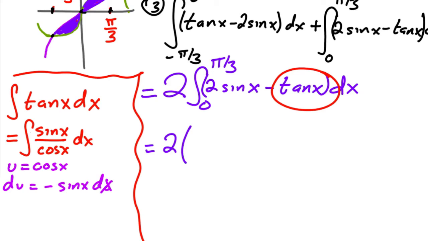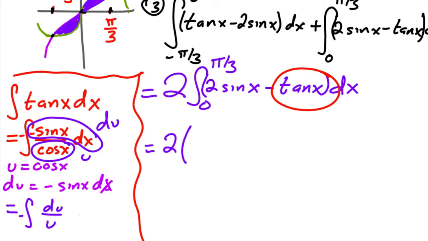And so then I just need to add a negative sign inside and outside. And so we have this right here, negative sine of x dx, that's du. And then down here I have u. And so this is equal to minus the integral of du over u, which is negative natural log of u.